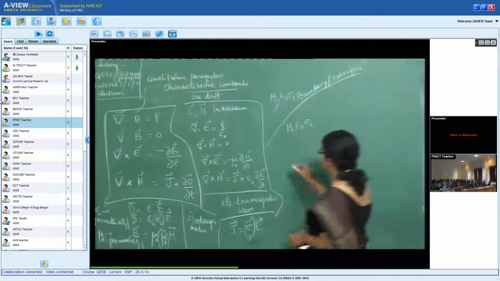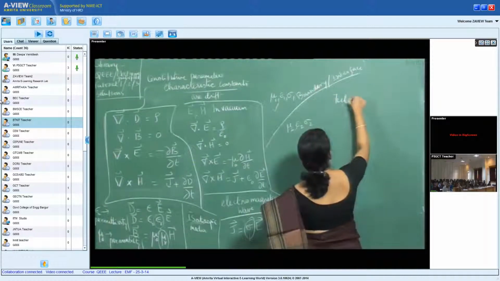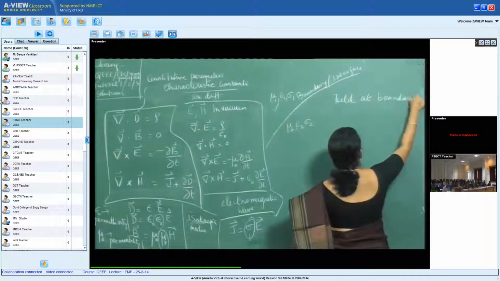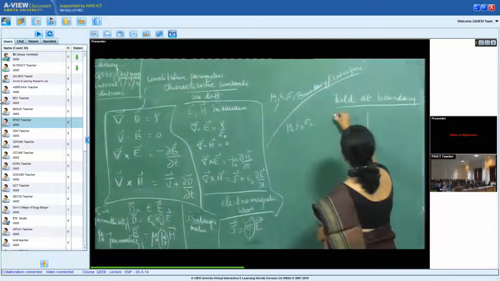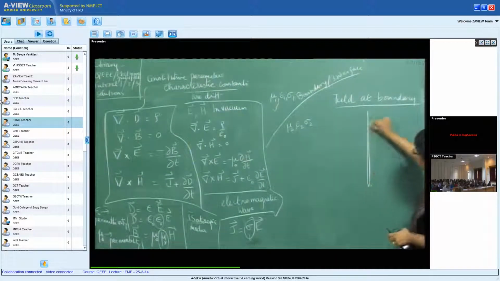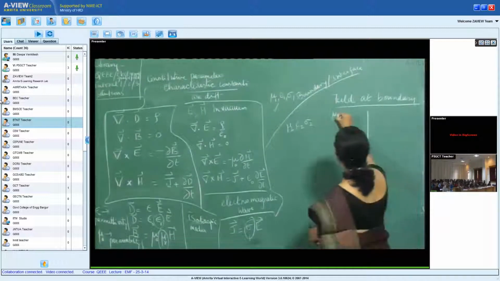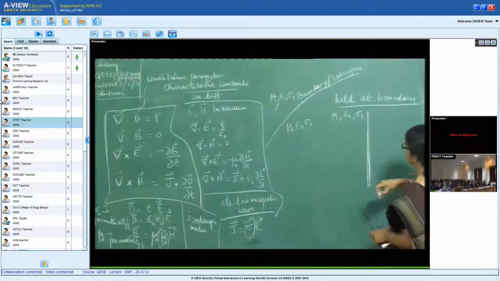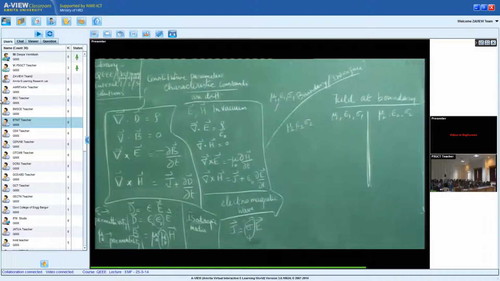So we want to see how the field behaves. Let's take an example. The line that I am drawing is the separation between the two media. I have mu1, epsilon 1, sigma 1 as the constitutive parameters on the left side, and mu2, epsilon 2, sigma 2 on the right side.